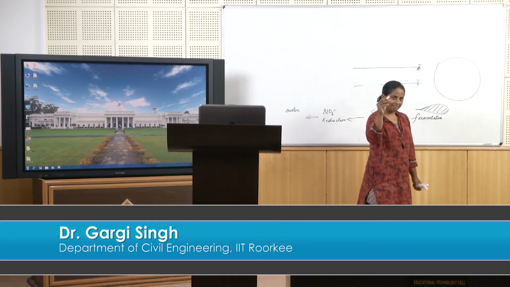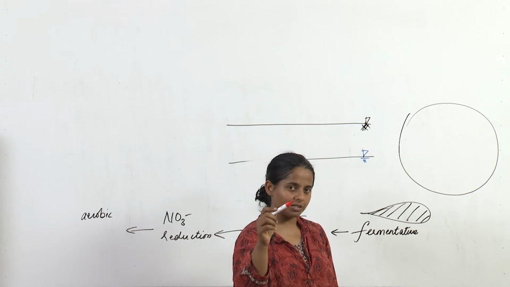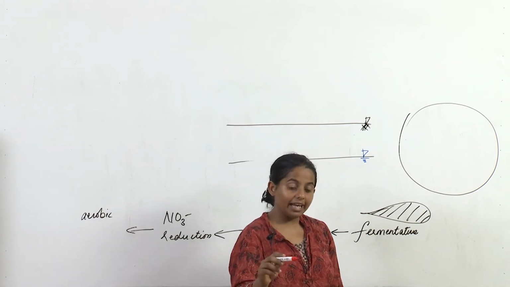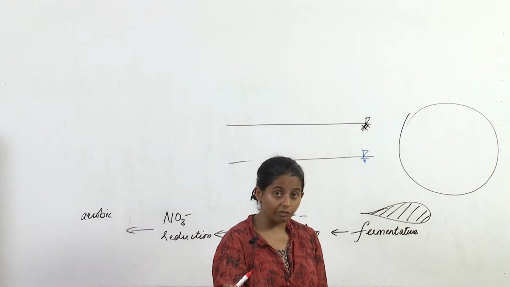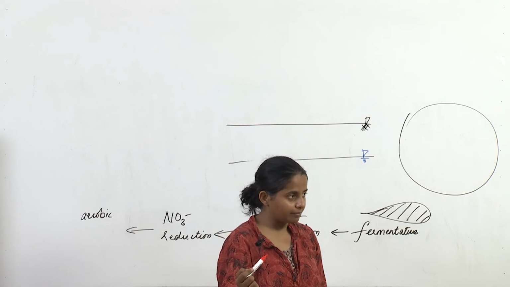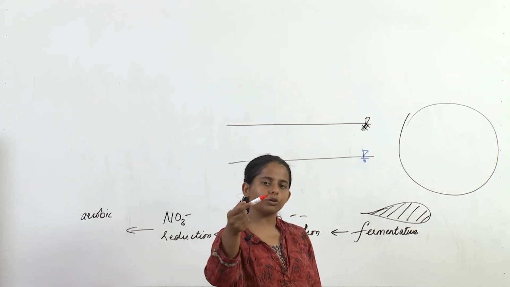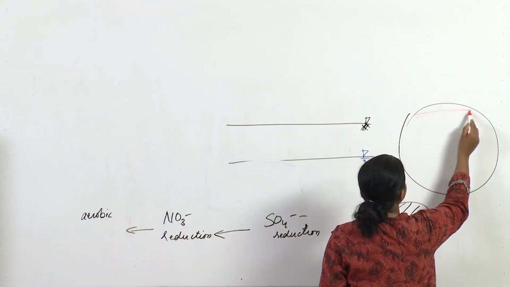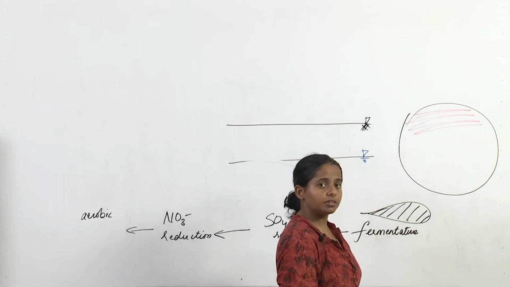Now what I have done, I have flame sterilized it by first dipping it in ethanol and then burning it over Bunsen burner, or directly burning it on flame as it is shown in the slide, and then I dip it in the media where a good microbial community that I want to grow is in its exponential phase ideally, and then I pick that up. So I have some microbes sticking on my inoculating loop, and then I usually streak it like this in one corner of this plate.